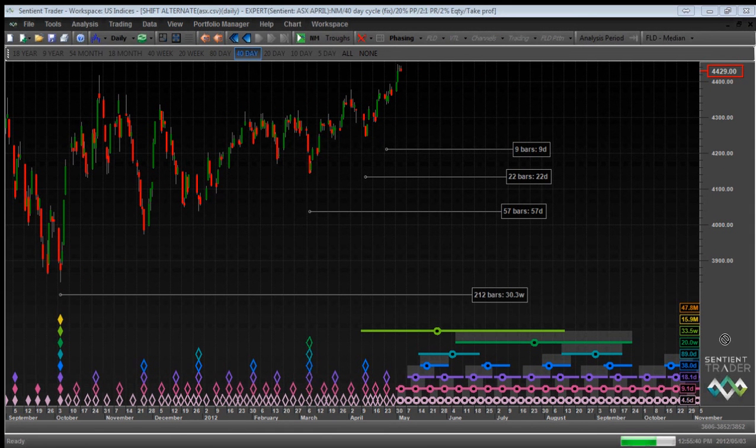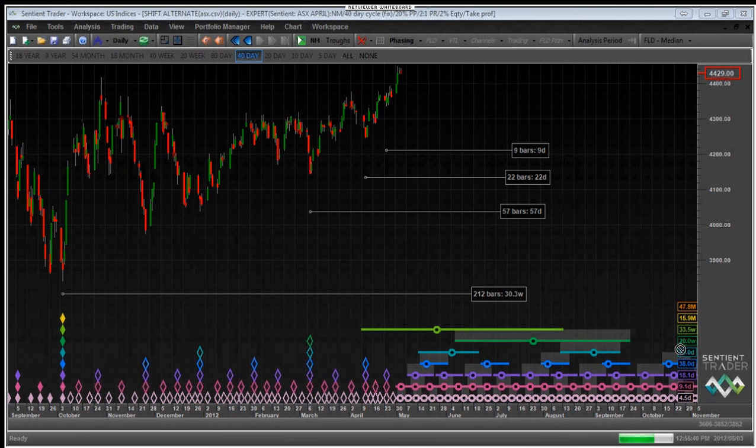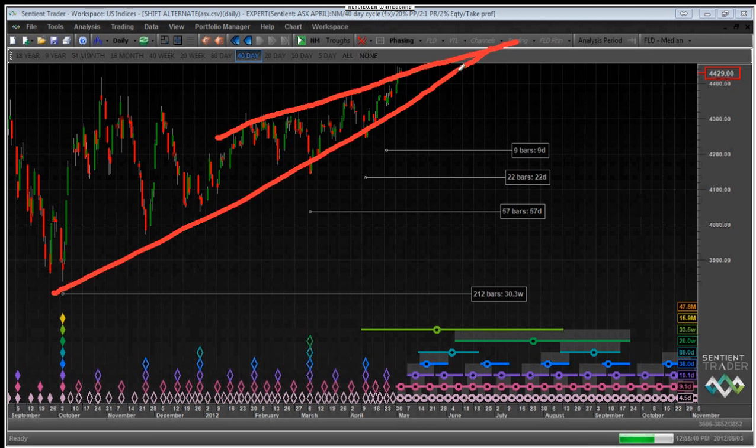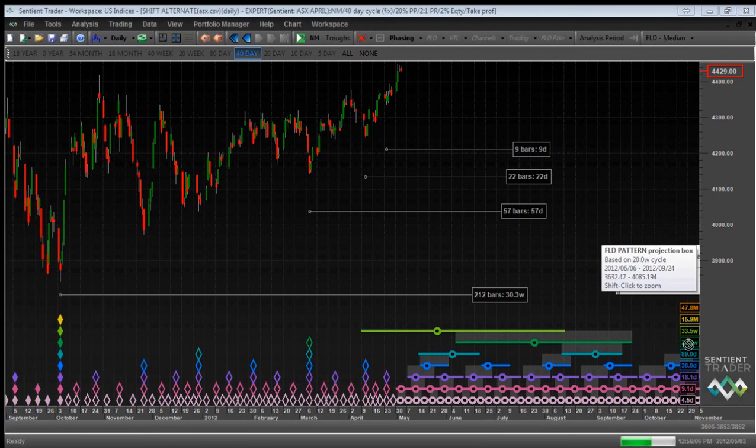There are various different ways of drawing it. Possibly, that's one of the wedges, or perhaps a slightly better wedge is that one there. A wedge is a classical technical analysis formation where price, I haven't drawn that very well, let me give that another go, where price effectively gets into a tighter and tighter range, going up or down, and then it breaks.